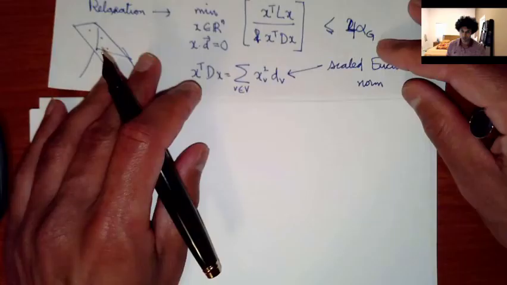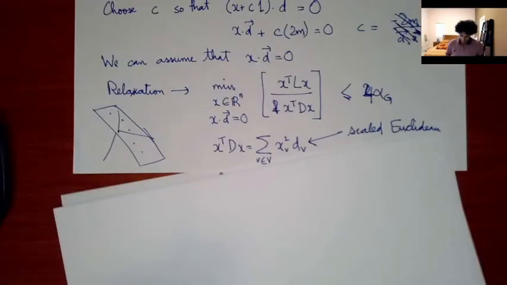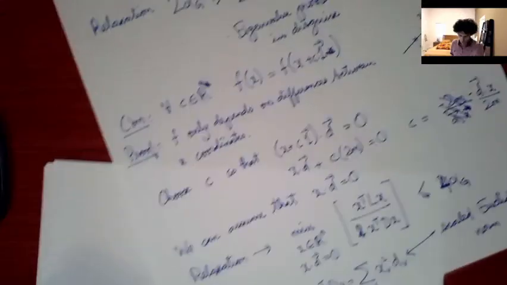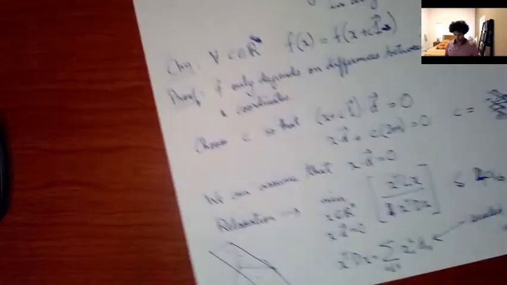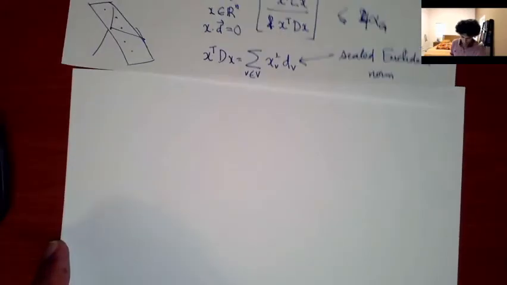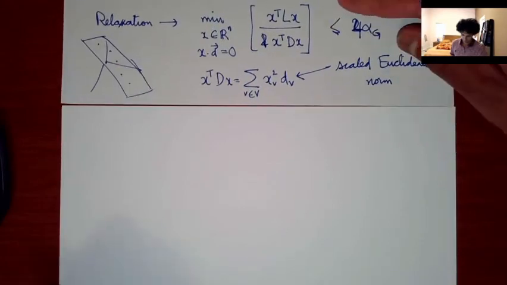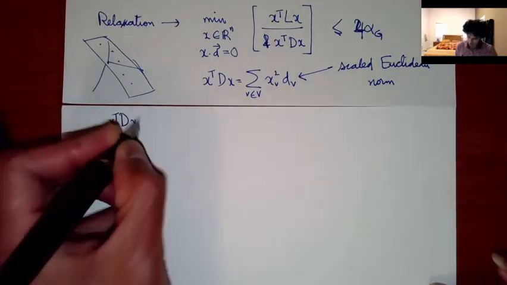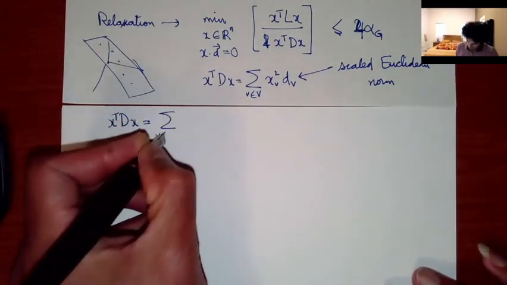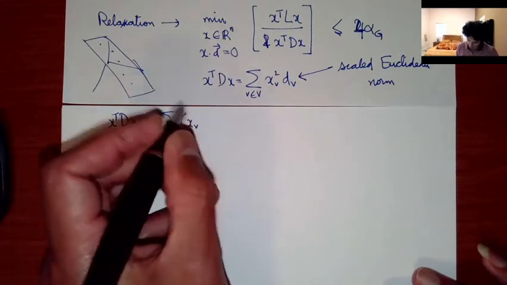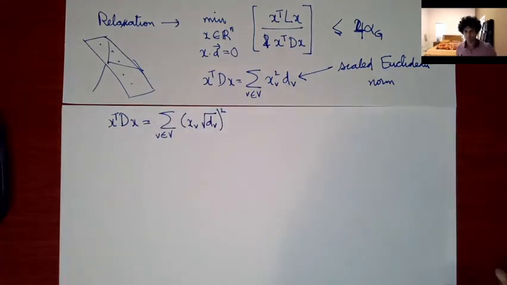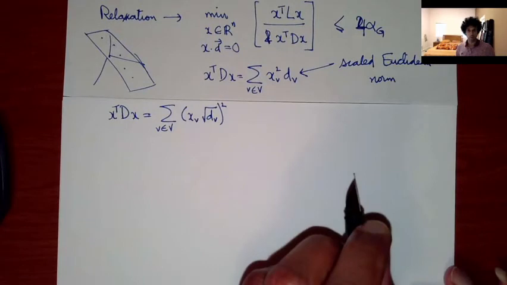So I'm going to write this out over here as follows. I can write x transpose dx, and I'll show you this in multiple ways. You can write it as the sum of xv root dv squared, and then this starts looking like a Euclidean norm.